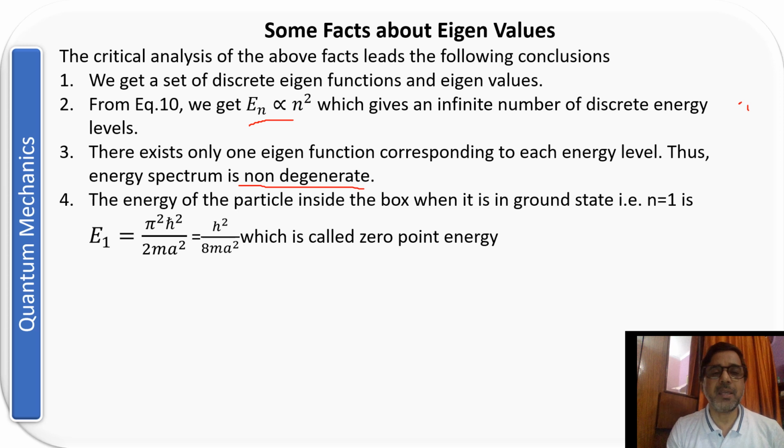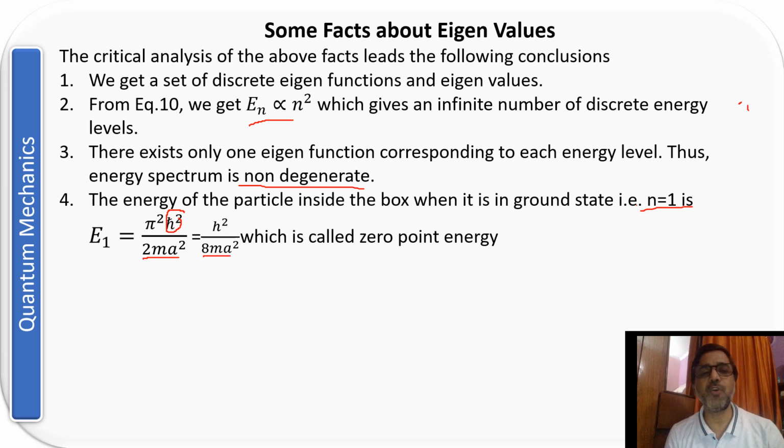Next, the energy of the particle inside the box when it is in the ground state, that is n equal to 1, is given by pi squared h bar squared upon 2ma squared, and h bar is equal to h upon 2 pi. I substituted that value and calculated, so it can be given as h squared upon 8ma squared.